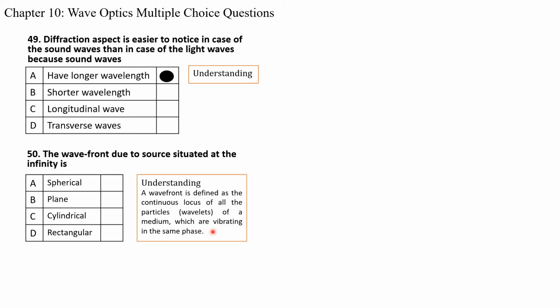So here, the source is situated at infinity. Therefore, the wavefront will be a plane wave. Please recollect the diagrams which I have explained in the videos given in the link.